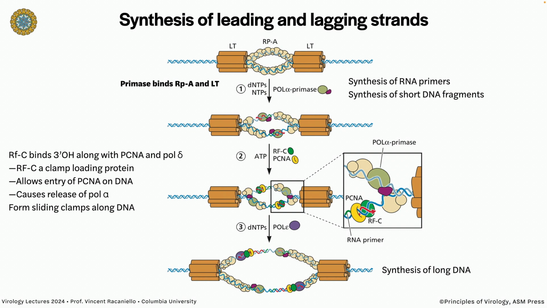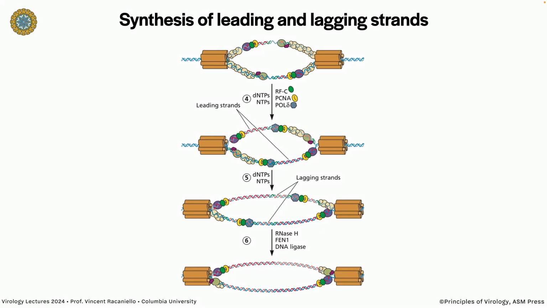Here you can see a molecule of Pol A primase on one strand, which is going to synthesize little RNA primers, and then it's also going to be on the other strand as well. And these double strands will get bigger and bigger. The bubble gets bigger and bigger until it covers the entire genome.